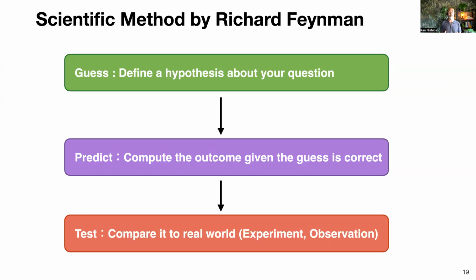Basically, this is to define a hypothesis about your question, about your interest. Then you predict, meaning you compute the outcome given the guess is correct. What kind of world are you going to see if the assumption is correct? And then you test it in the real world, to see if what you predicted is really happening, or what you really see in the real world.